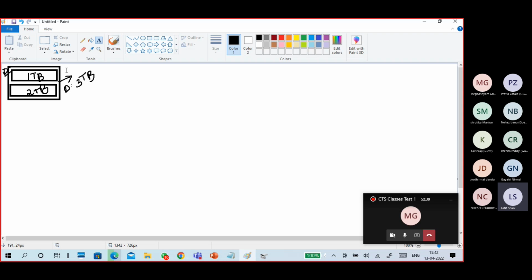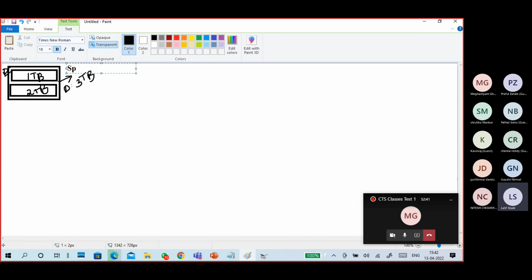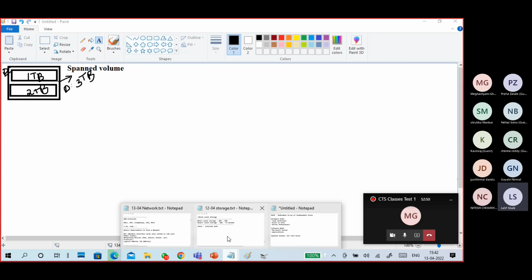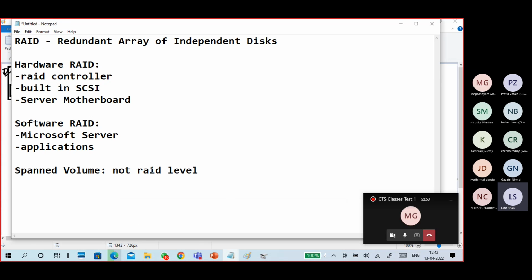This is a spanned volume, combining 2 disks and creating a single large volume.